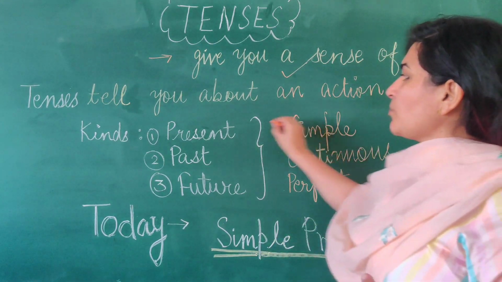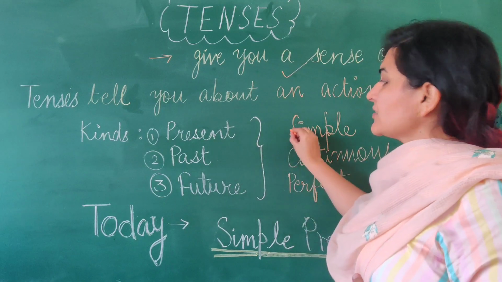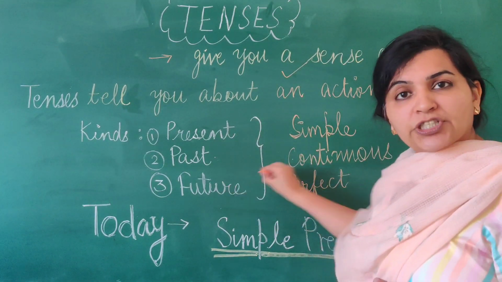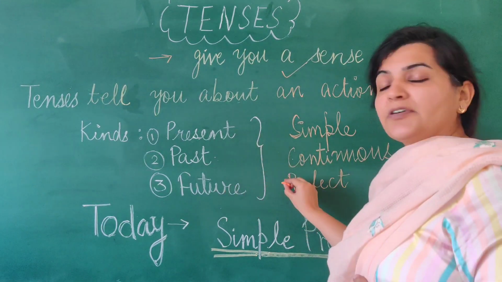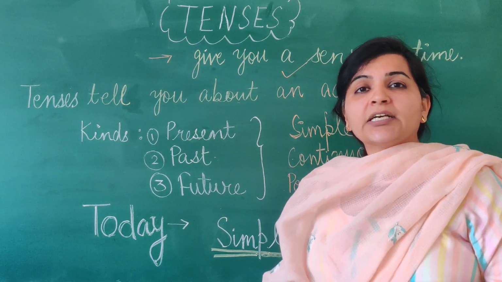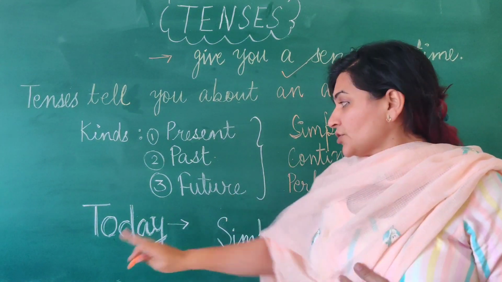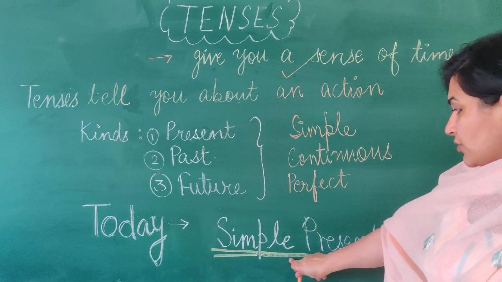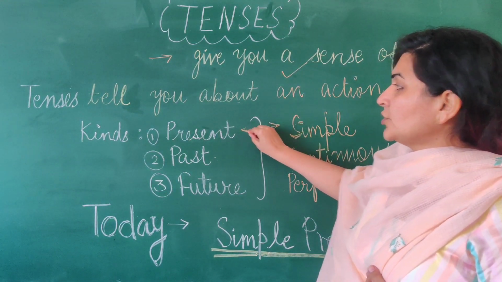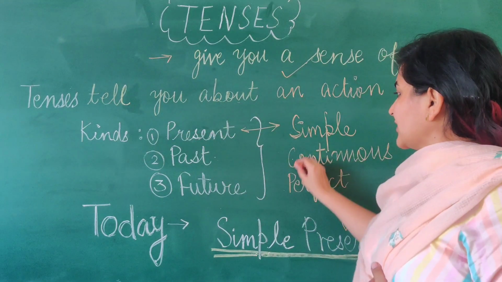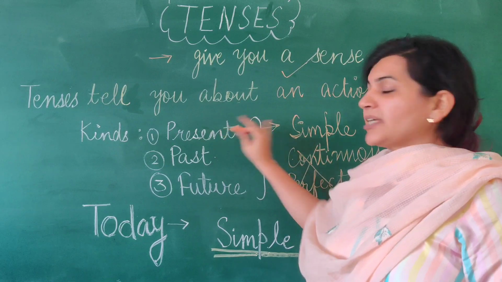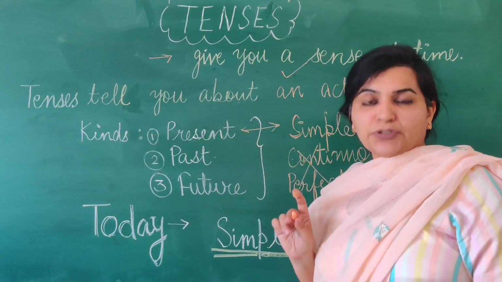So it goes simple present tense, simple past tense, simple future tense, present continuous, past continuous, future continuous, similarly present perfect, past perfect tense and future perfect tense. Now, but in this class today we will focus only on simple present tense. These we will take later because first we will finish simple present, simple past and simple future.